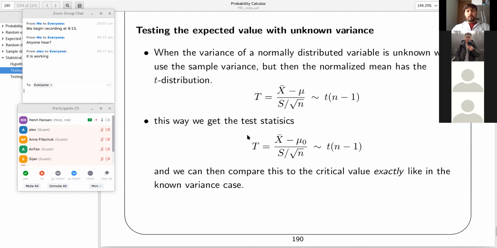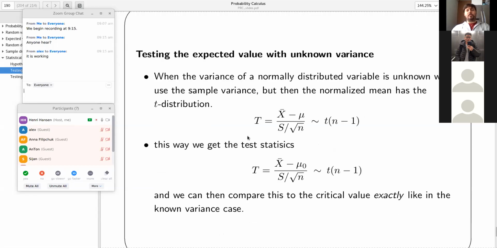So this was when we knew the variance, but usually we don't know the variance. Here we have the same thing as we had with the unknown variance when calculating the confidence intervals. We calculate the t statistic, which is t distributed.